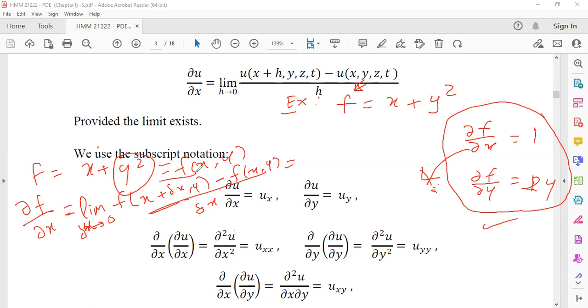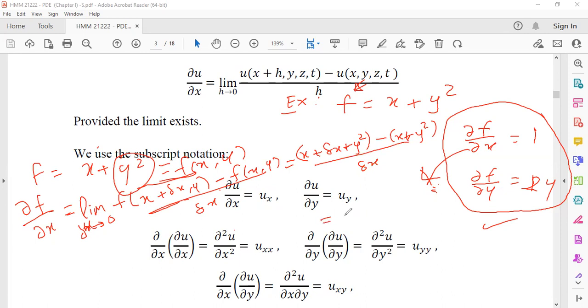This is our f of x comma y, so if we substitute for x, we have to put x plus delta x wherever the x is. So we'll have x plus delta x plus y squared. We don't have anything changing in y, so this one is x plus y squared, divided by delta x.